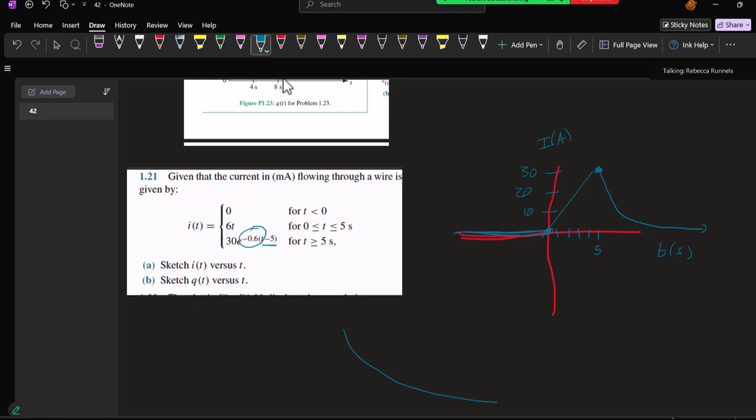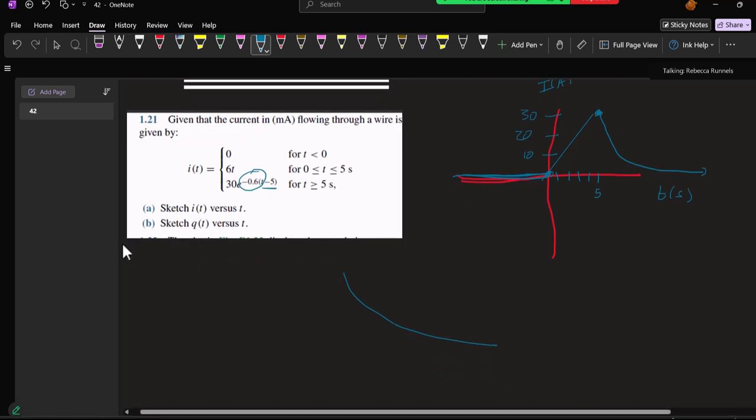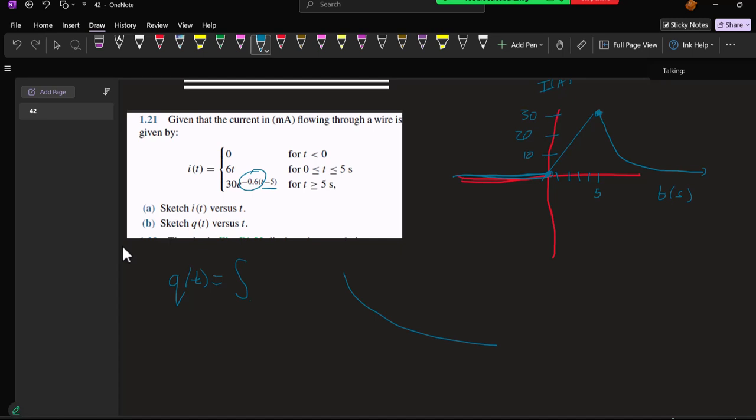But then it's asking for the charge versus t. So what did we say charge was relative to current? The integral. Sorry, I was thinking the current is different. So q of t equals the integral of I of t.